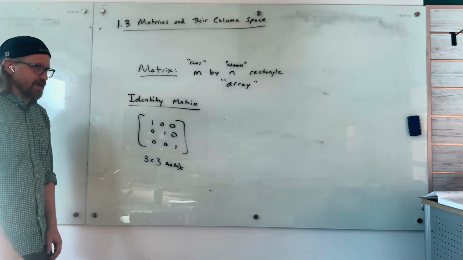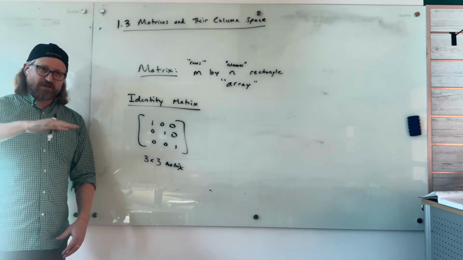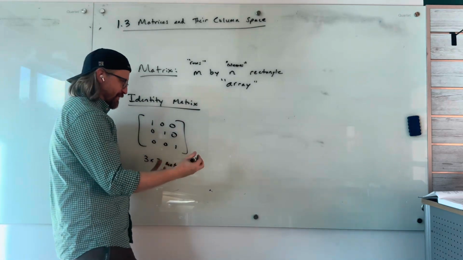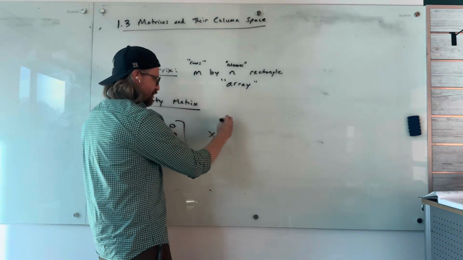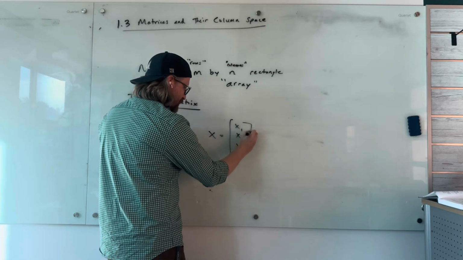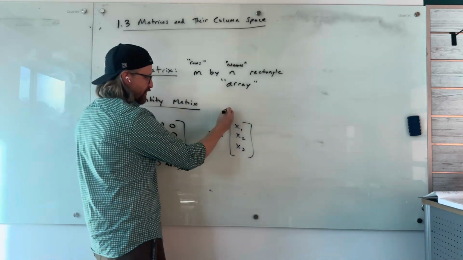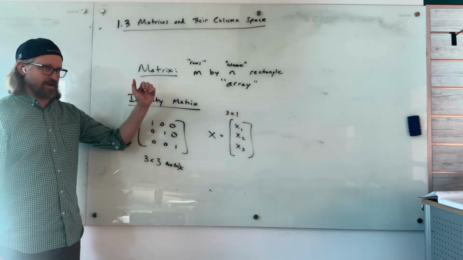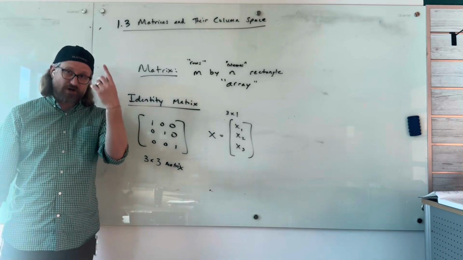Even when I look at a vector, we look at it in terms of rows versus columns. So when I give a vector, let's say a vector x, typically I would list this vertically, which you've seen me do already, and I would refer to this as a 3 by 1. So a matrix doesn't have to necessarily have multiple columns. A matrix can be constructed of only one column.